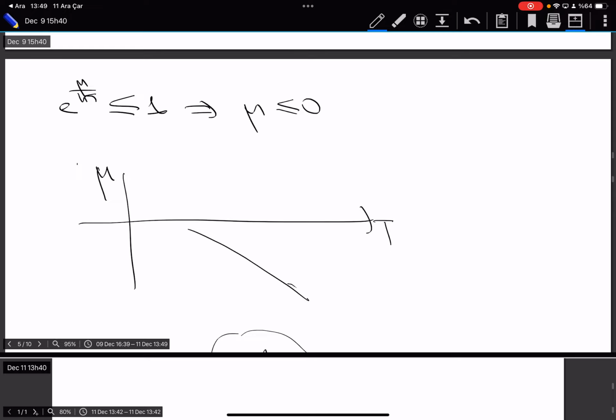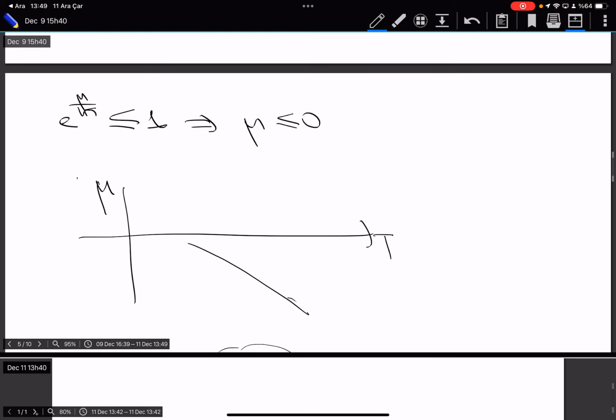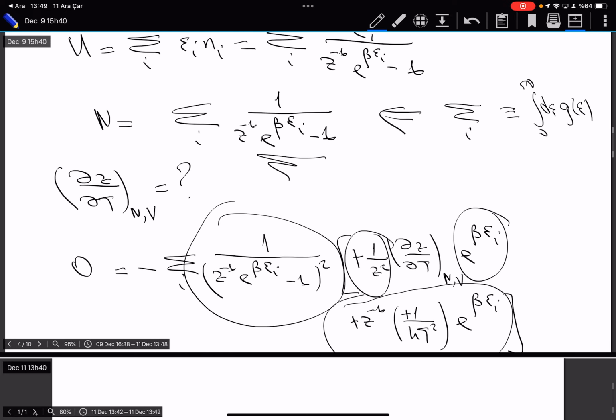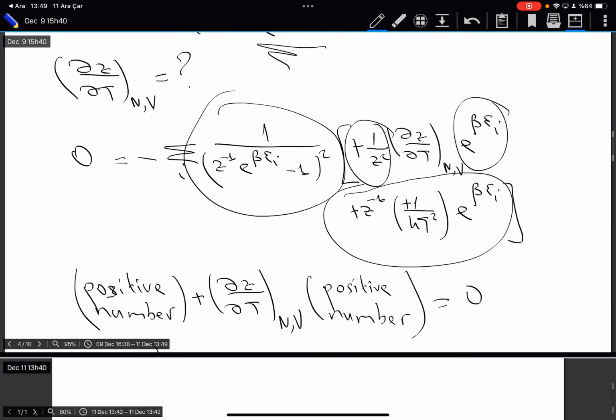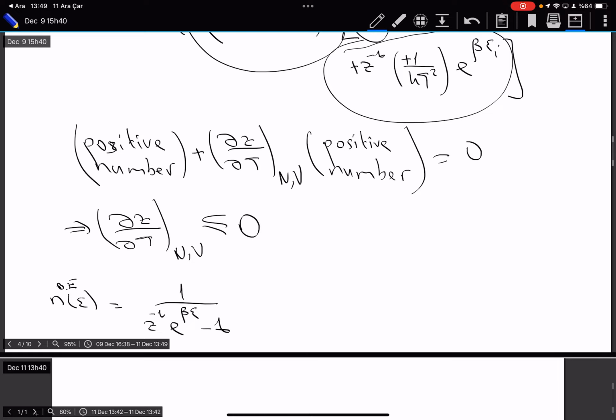That's a question that we still have to address. Here we had the mathematical treatment just using this equation. If you take the derivative with respect to T at constant N and V, that gives you how the Z should change as a function of temperature. And it tells us that it has to be negative.